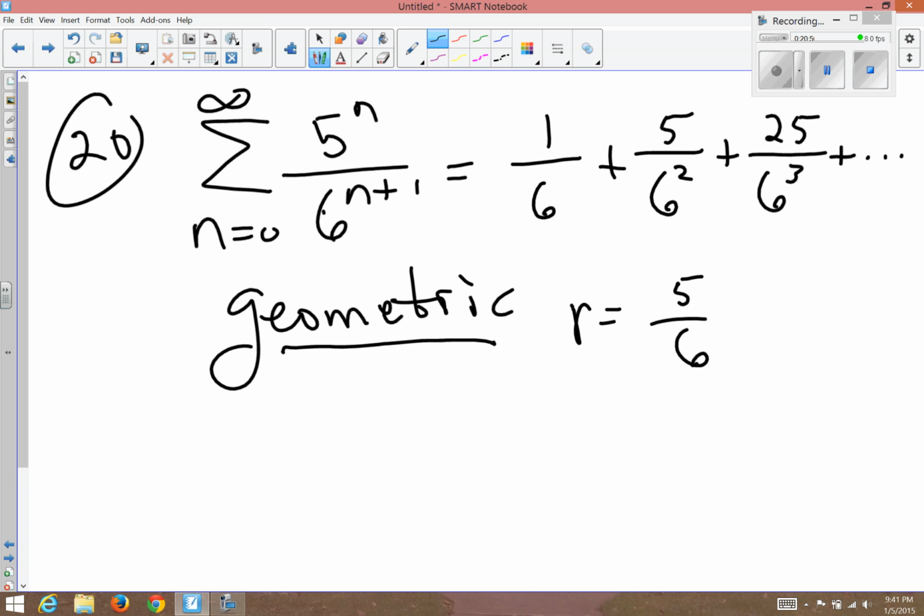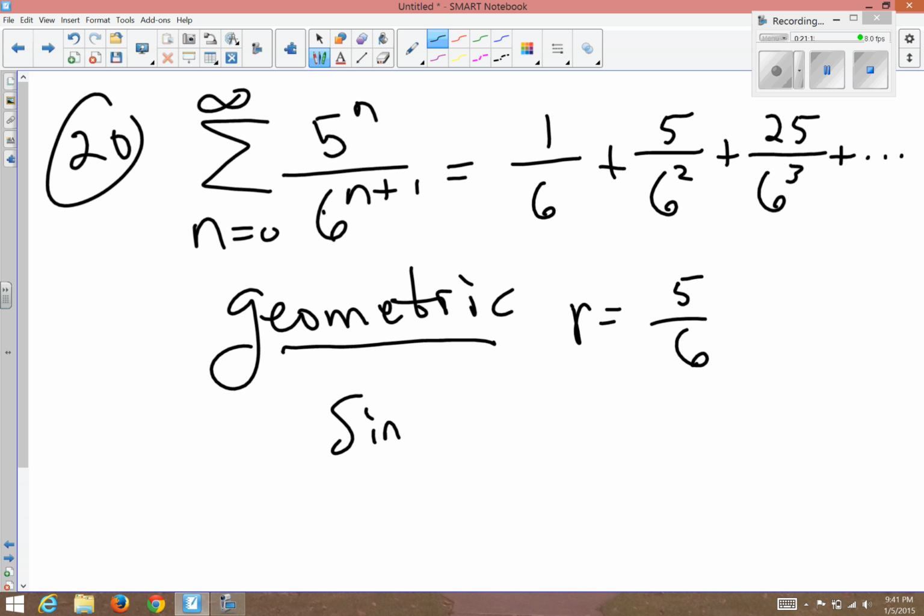I got this by saying to myself, what do you multiply to 1 to get 5? What do you multiply to 6 to get 6 squared? And it works going from here to here also. 5 times 5 is 25, and 6 squared times 6 is 6 to the third. That is the common ratio.